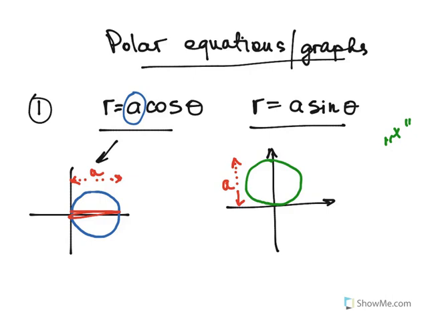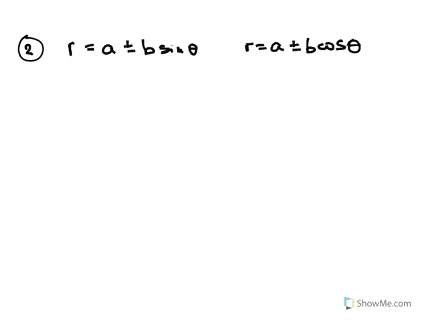Okay, all right, next. The second type of polar equations look like this: R equals A plus or minus B sine of theta, or R equals A plus or minus B cosine of theta. Obviously, A and B have to be greater than 0. Some kind of numbers, and we're gonna play with the equations, and I'll show you how to graph.